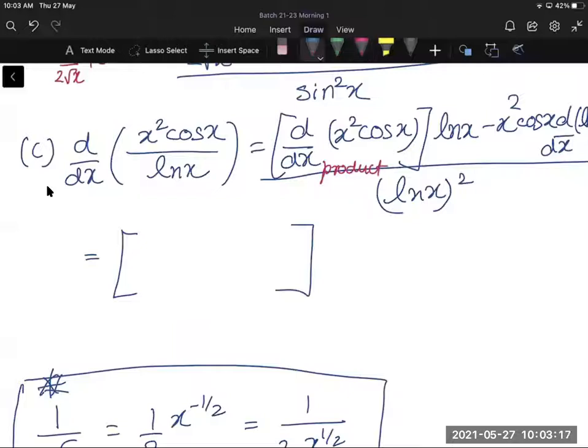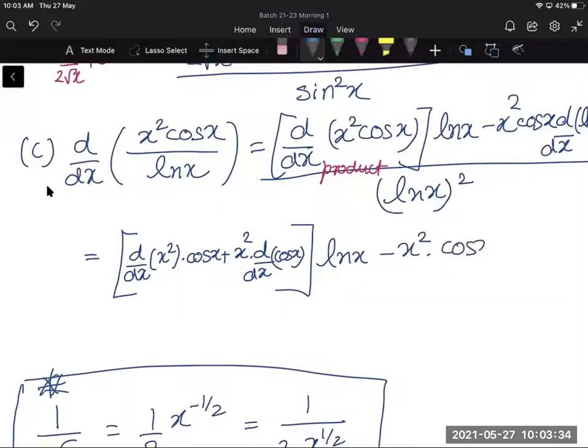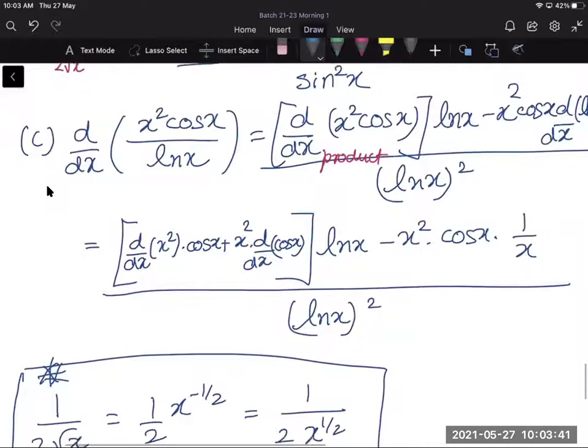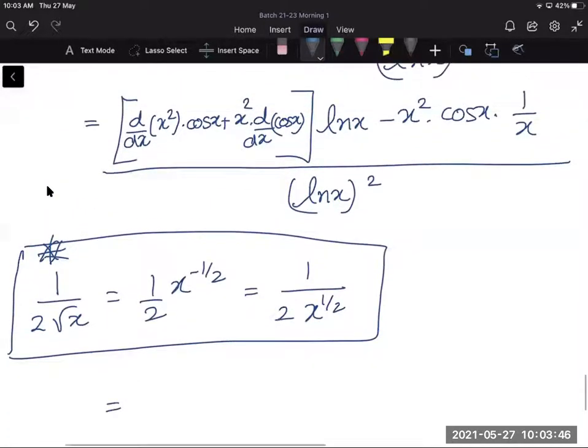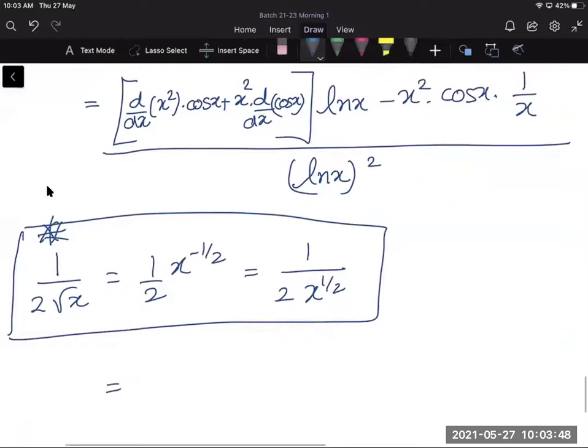This would be equal to d by dx of x square into cosine x plus x square into d by dx of cosine x into ln x minus x square cosine x into d by dx of ln x, which is 1 by x, whole upon ln x whole square. Now, so can the x and x square get cancelled, right? Yeah. So I will do that in the next step because I want to be clear about what I'm doing.